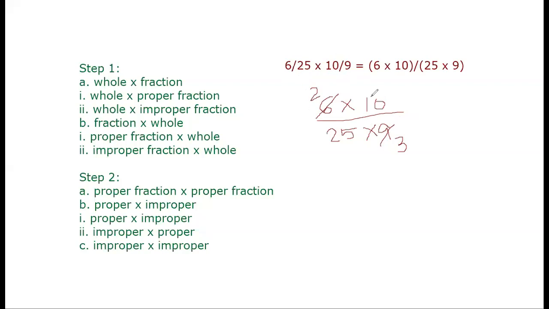Also using different kinds of strokes. So when you cancelled with 3, it was this stroke, and now you want to cancel with 5, so you can have a different stroke. Okay, that also helps in not getting confused and keeping track of things.